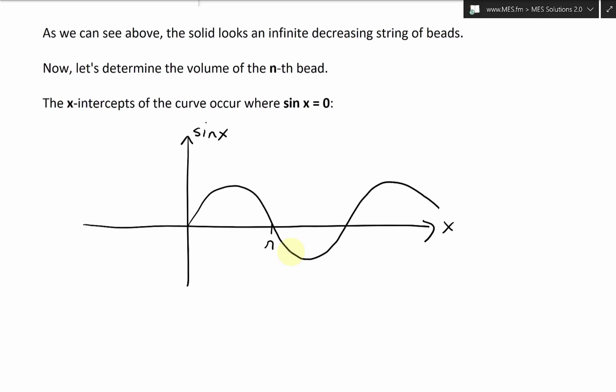So this is pi, this is 2 pi, and let's make this a bit better. It keeps going on and on. So that's 2 pi, that's good enough. And then there's the 0 there.